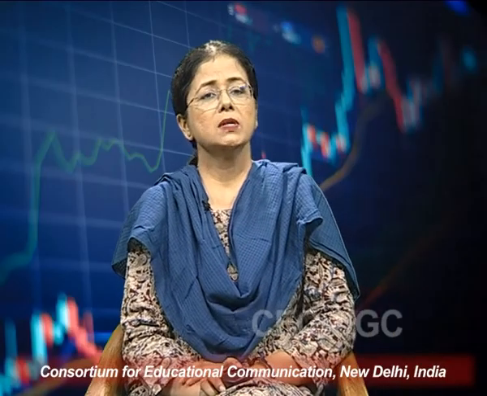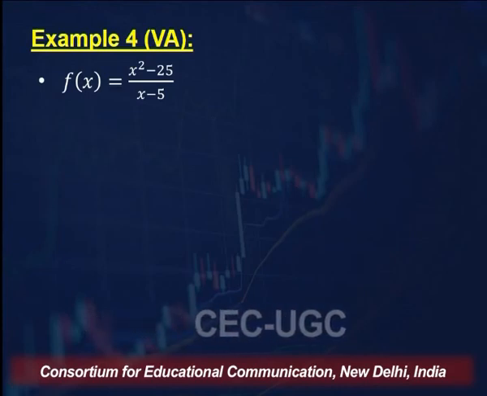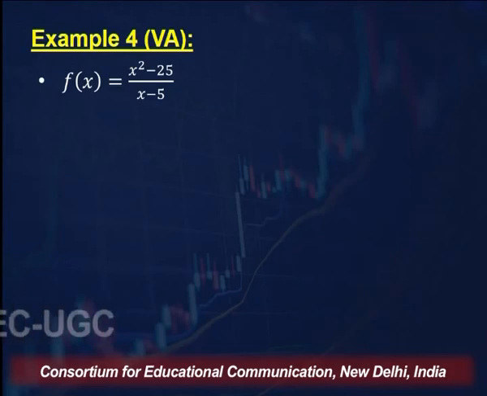Okay, now at this point we'll take a little bit of a break, and we will talk about vertical asymptotes again. But I would like you to think about this particular function: f of x is equal to x squared minus 25 divided by x minus 5. Suppose I ask you to find the vertical asymptote of this function, if it exists.